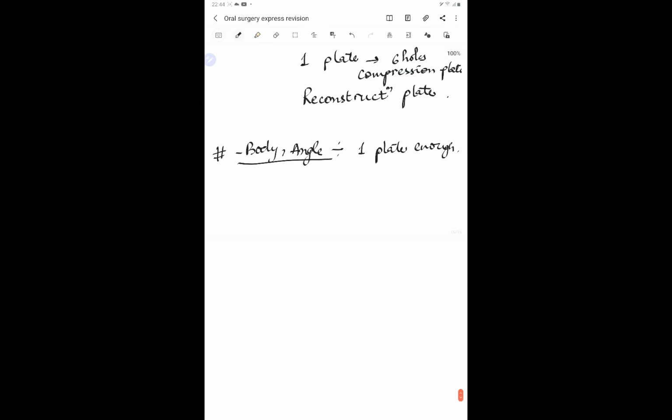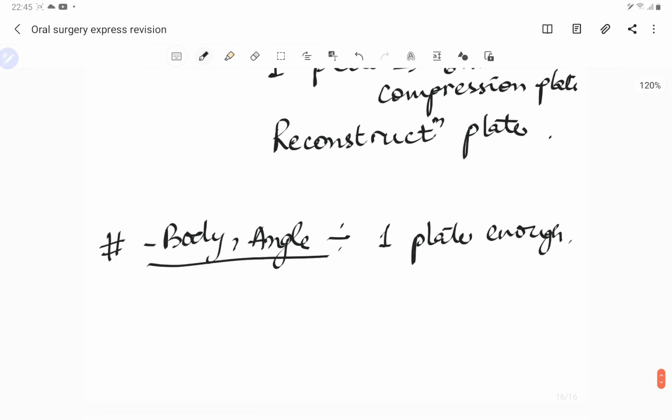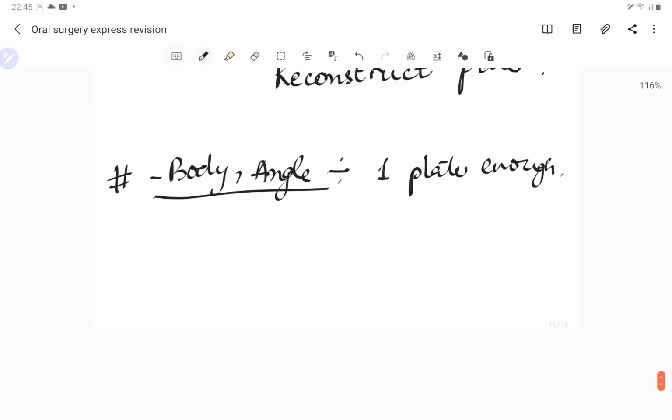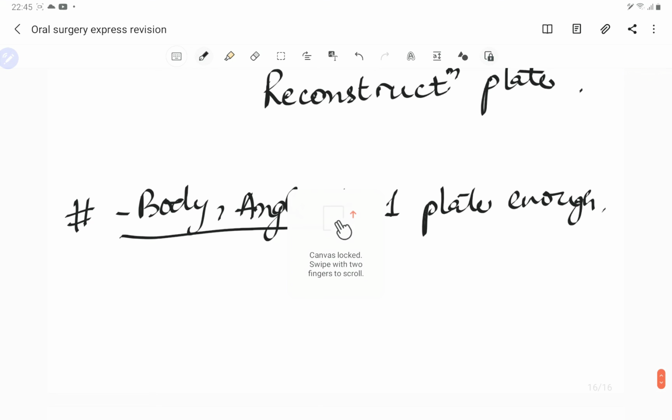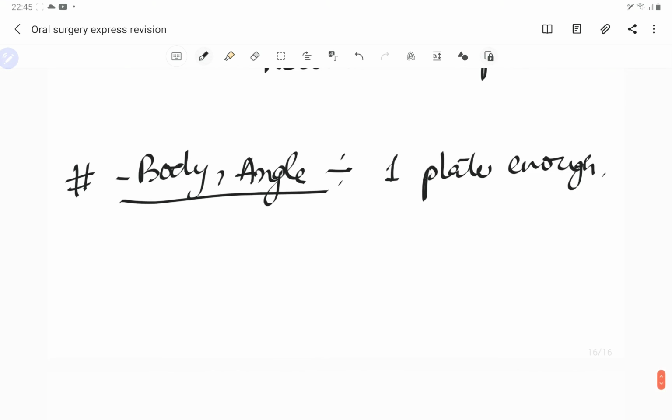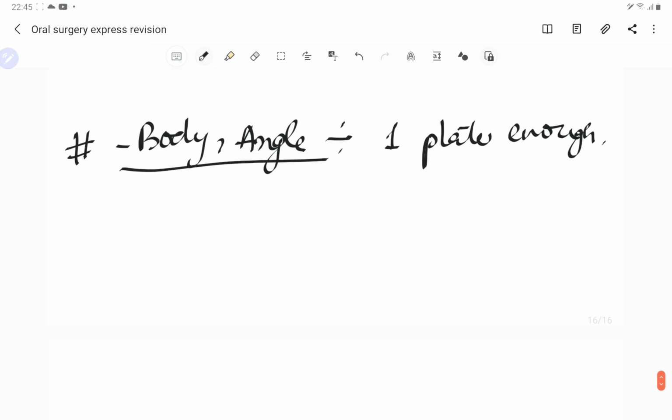Or you can put one plate in the monocortical area, involving only the buccal plate, only the buccal bone. So you can also put one plate involving only the buccal cortical plate, with or without the arch bar, or a compression plate with 4 holes, or one lag screw and arch bar.